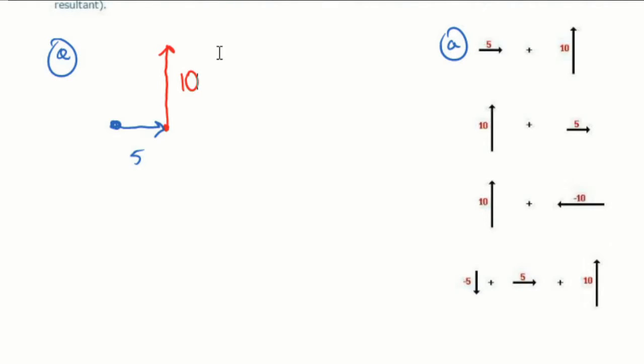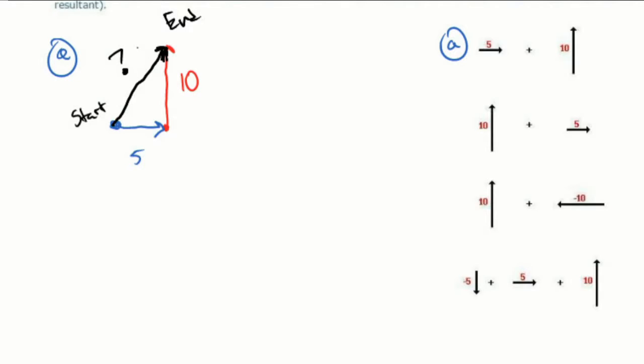Now, drawing my resultant is always the same process. So before, when I drew my resultant, it was from the start to wherever I ended up. And that's what I'm going to do here. The start was there, the end was there.